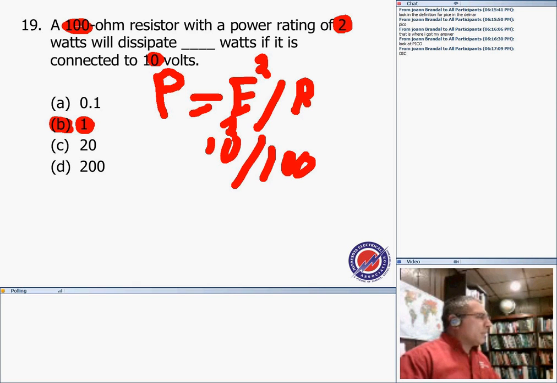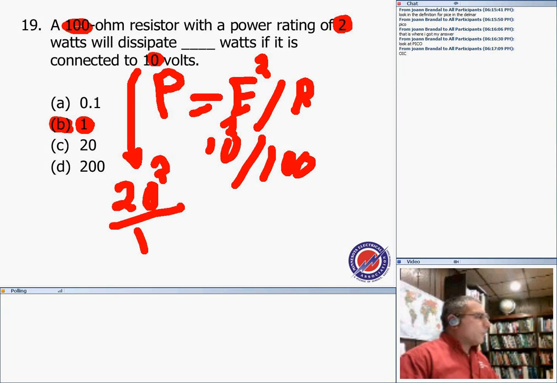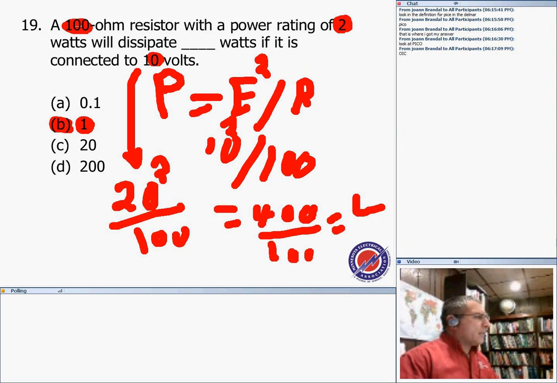A good example of this: I change the voltage to 20 volts. 20 to the power 2 is 400, divided by 100, and it doesn't take a genius to discover that it's 4.